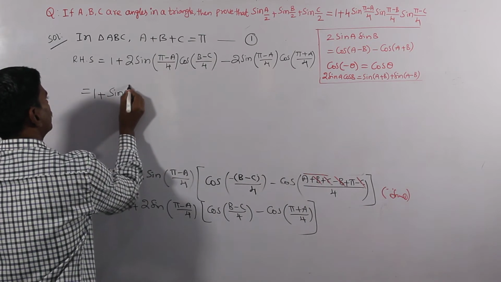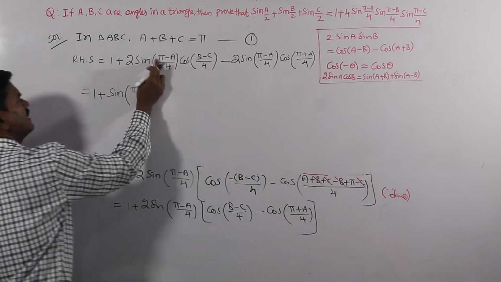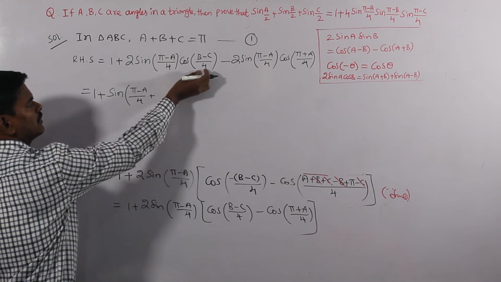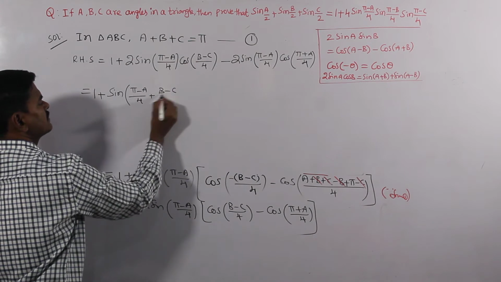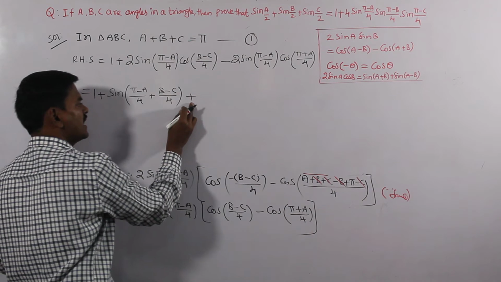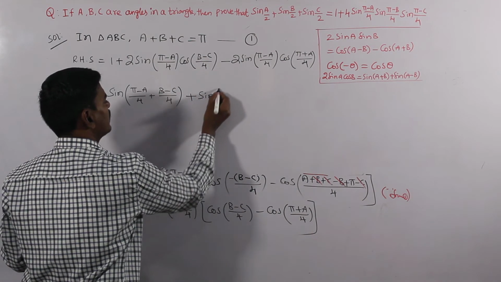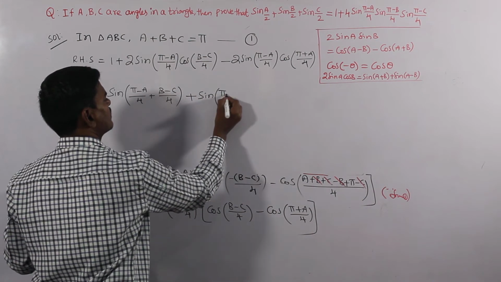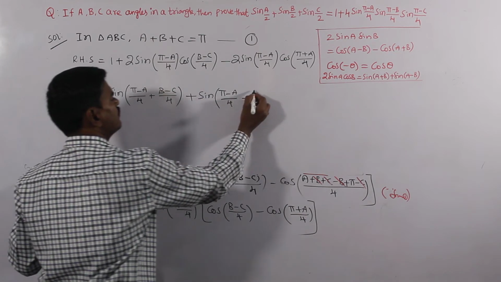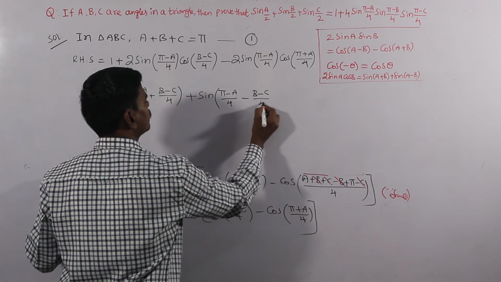What is a here? (Pi minus a)/4. a plus b, with b as (b minus c)/4. Sine of (a plus b) plus sine of (a minus b), we should write a minus b, with b as (b minus c)/4.